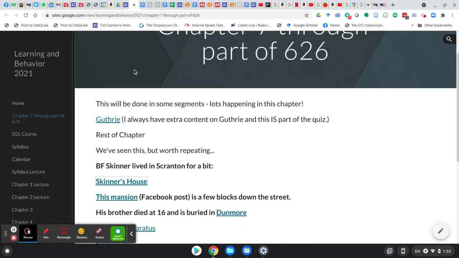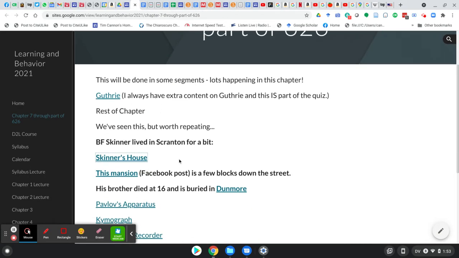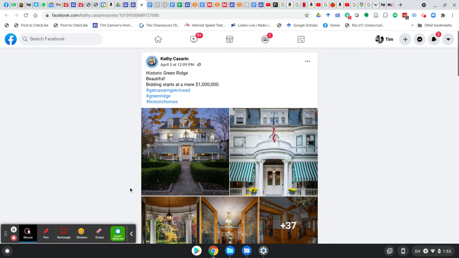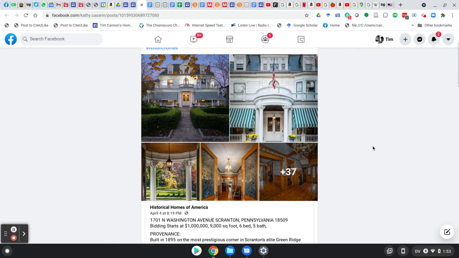So there's that one. And you want to see a nice house. Holy moly. So you may have to be on Facebook to see this. But if you move away from Biden's house toward the more affluent area of Greenridge Street, this house is on a corner. It is amazing. 1701 North Washington Avenue. It is spectacular.